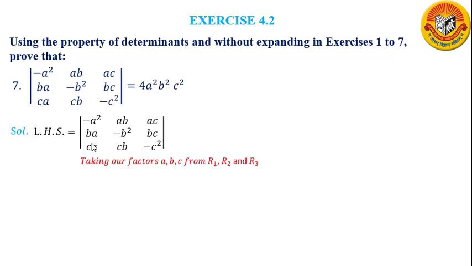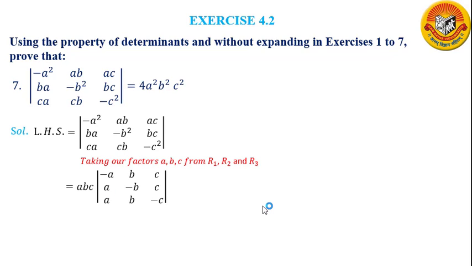Now if you see this first column, second column and third column, or if you see row wise also, you find that in first row A is common, in second row B is common, in third row C is common. If you check column wise also you will get A, B and C common. So either from row or from column you can take A, B, C common. So I get this determinant.